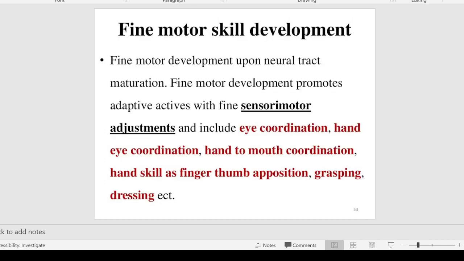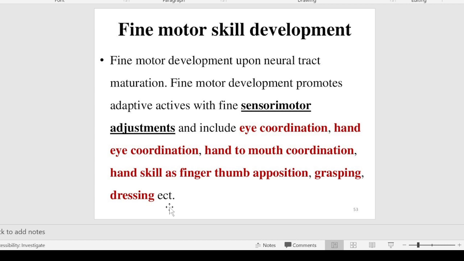When it comes to fine motor development, it involves the peripheral parts: hands, toes, or fingers. Fine motor development depends upon neural tract maturation. It promotes adaptive activities with fine sensory motor adjustments, and includes hand-eye coordination, hand-to-mouth coordination, and hand skills such as finger-thumb opposition, grasping and dressing.